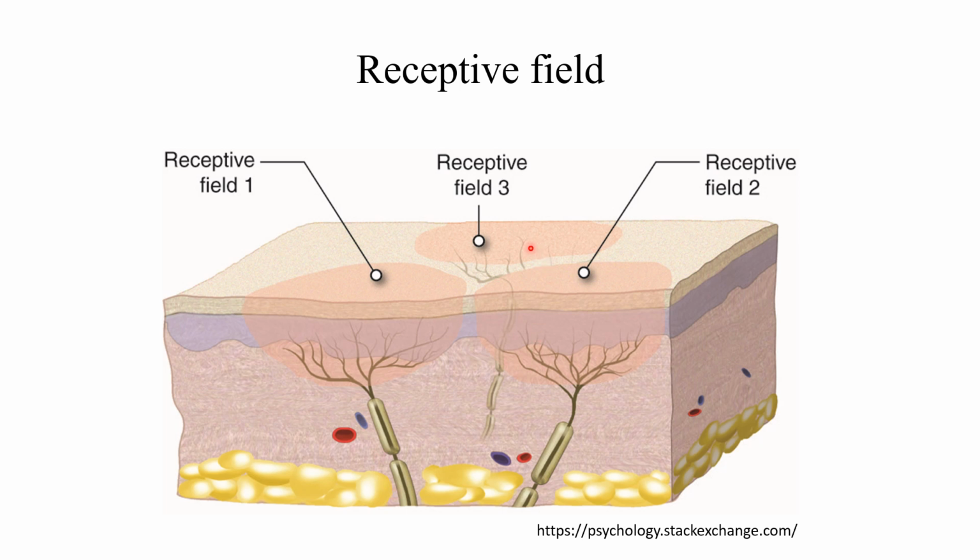However, if this stimulus was occurring here in this region, then that will stimulate all of the 3 sensory receptors. So all of them will transmit this information through sensory neurons to the central nervous system. The smaller the receptive field, the more specific is the sensation.